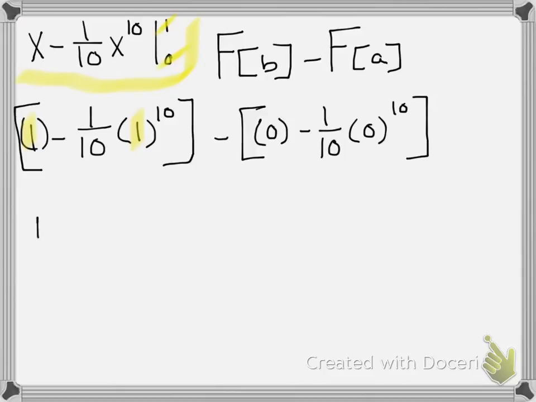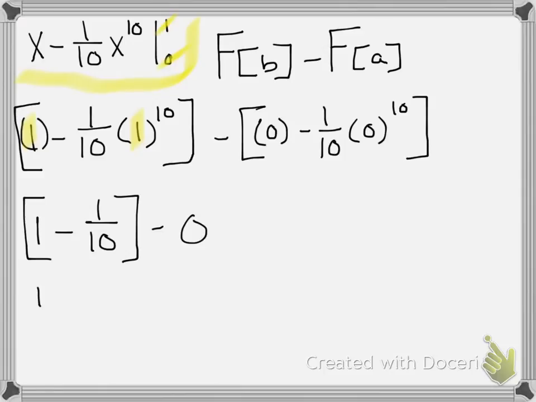So that leaves us with 1 minus 1/10 minus 0, because 0 minus 0 is 0. So that's going to be 1.